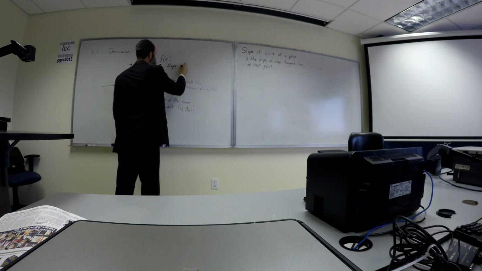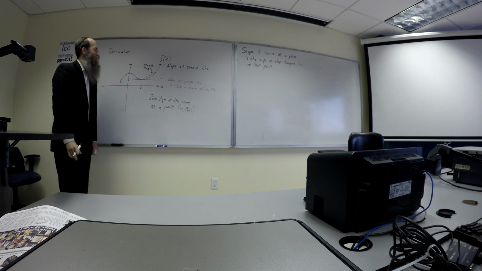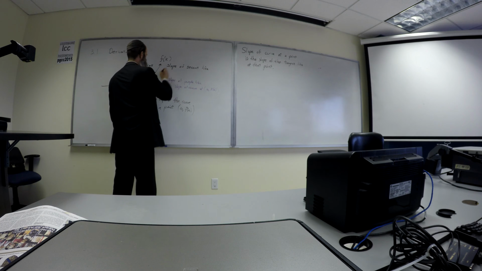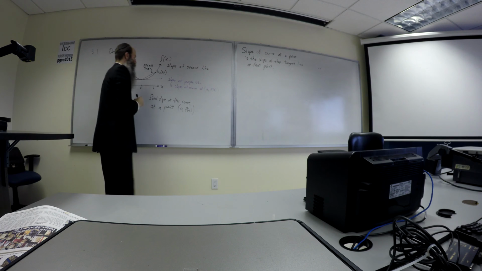What is the slope of the secant line? Slope of secant line is the average rate of change of the curve. There's some point there, x comma f of x.